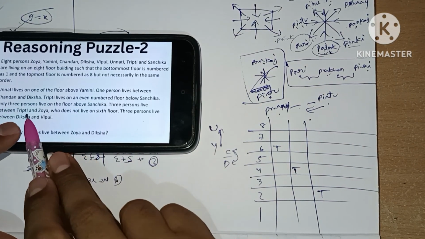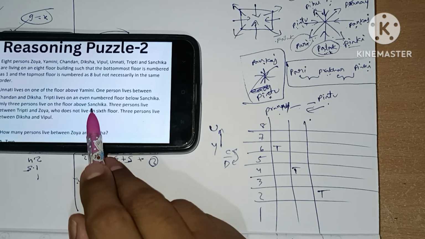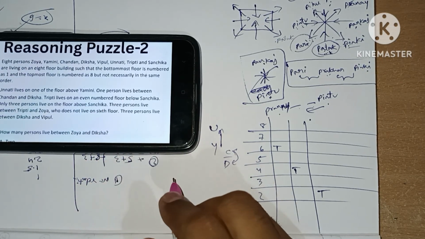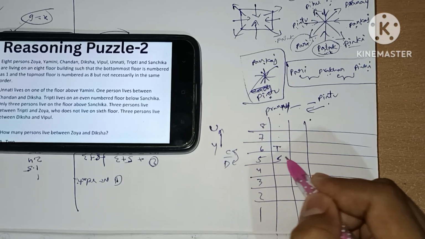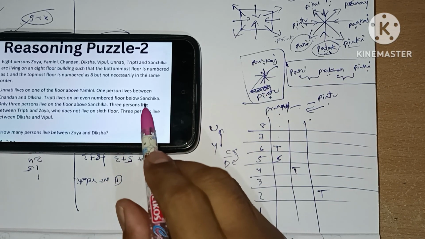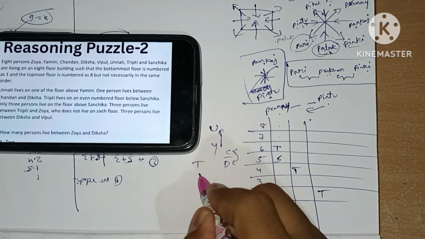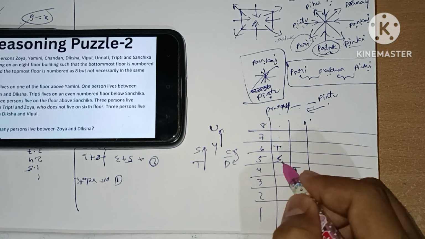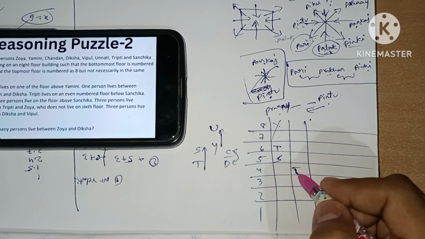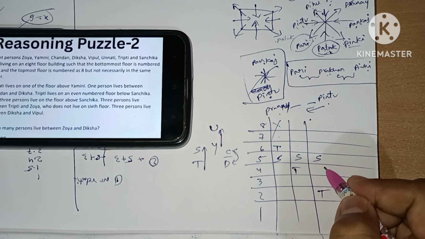Next, only three persons live on the floors above Sanchika: 1, 2, 3 above Sanchika. But Sanchika is above Tripti, so here we got it below and this case fails. This is the place for Sanchika.